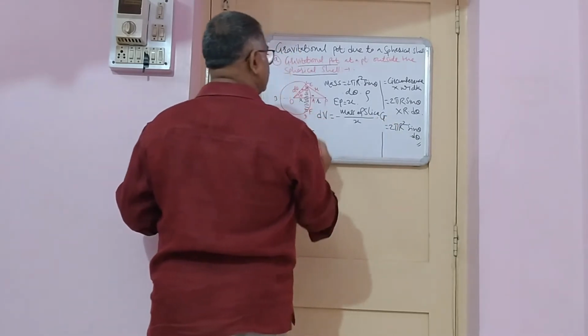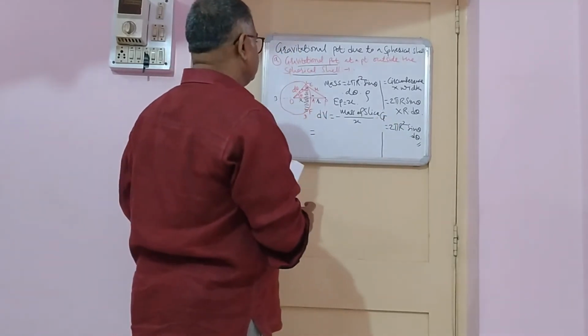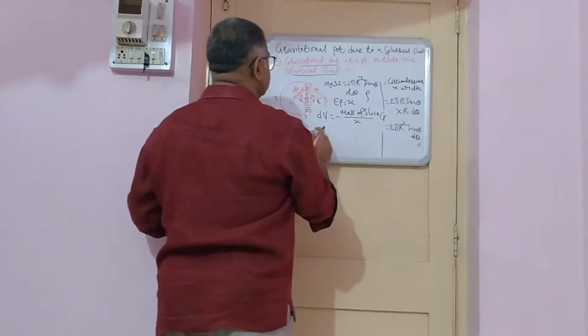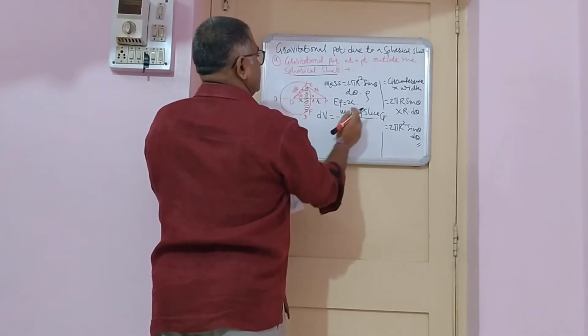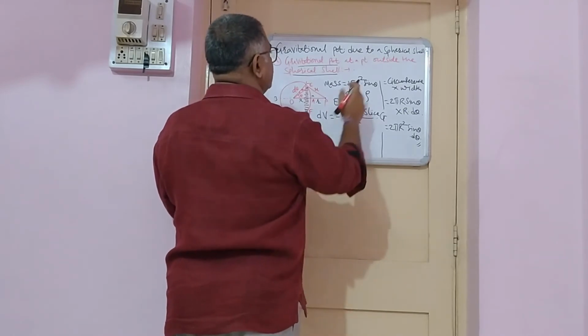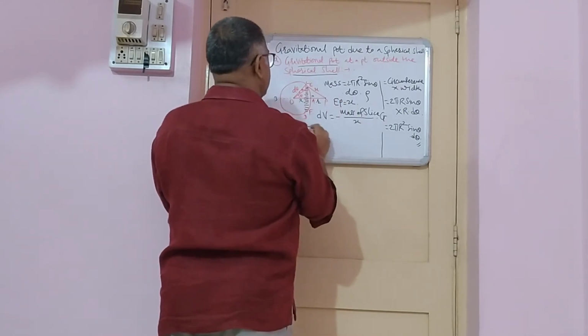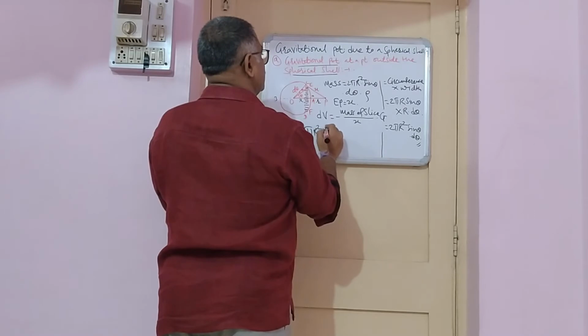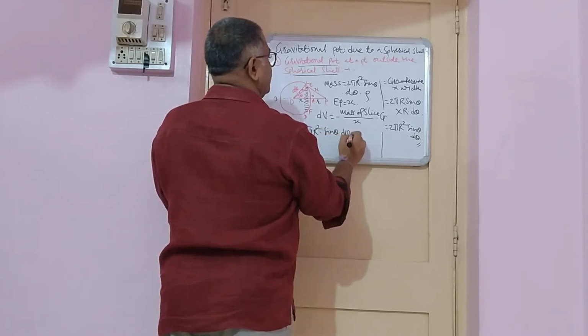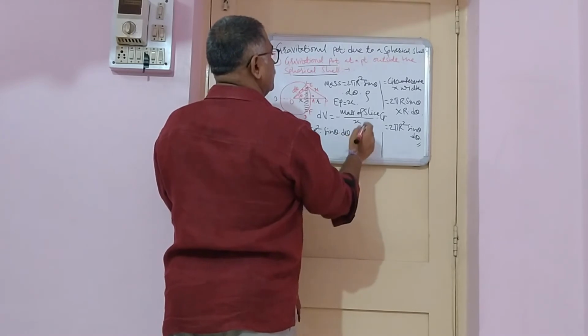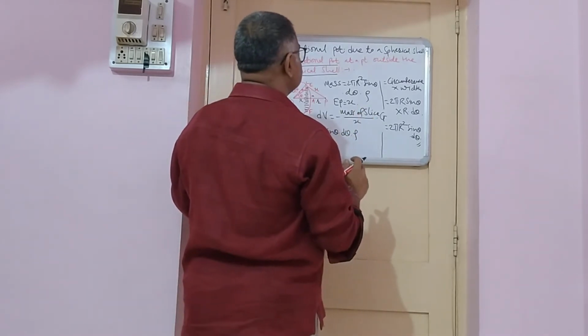See now here, mass of the slice will be as it is: mass of the slice is 2 pi r square sine of theta d theta into rho. This is the mass of the slice.